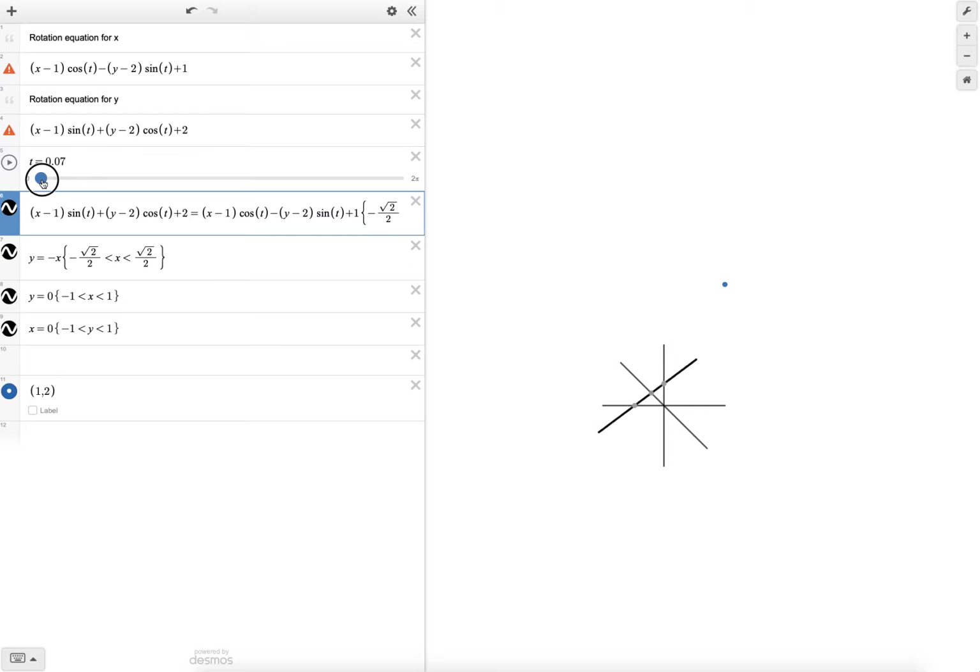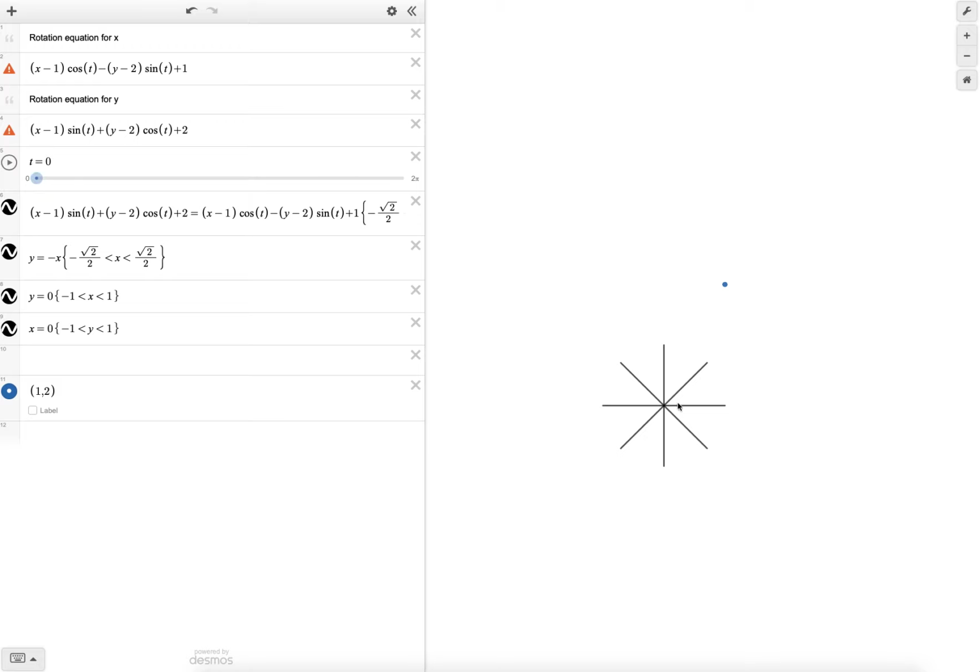And if I do that, what you'll notice is I have this point here, and I can rotate it. So it looks like where I'm rotating my point, it spins right around this 1, 2 right here. So we're spinning this line segment around this point 1, 2 by this particular angle.